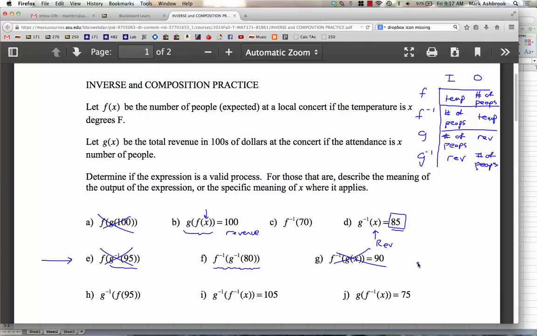Yeah, what's the input into G inverse, Matt? You see that? So we got the fact that it's an output of F inverse. That's temperature. The whole thing means a temperature corresponding to an input into G inverse. So it's corresponding to revenues of $8,000.